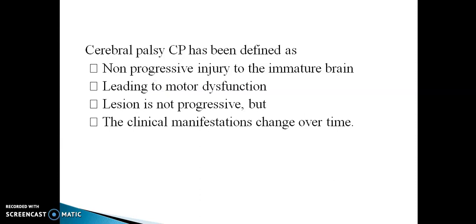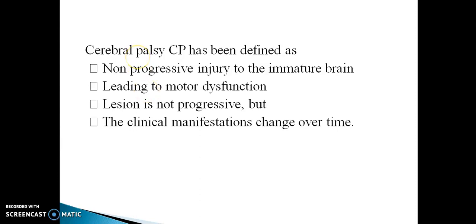Cerebral palsy, commonly known as CP, has been defined as a non-progressive injury to the immature brain leading to motor dysfunction, where the lesion is not progressive but the clinical manifestations change over time, mainly affecting movement and posture. So it is affecting movement as well as posture.